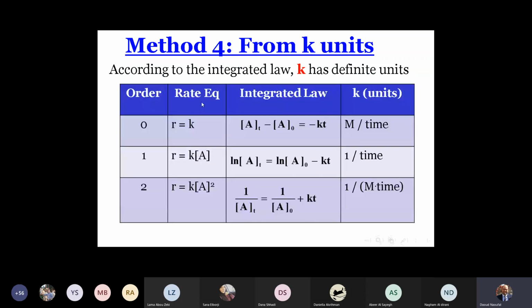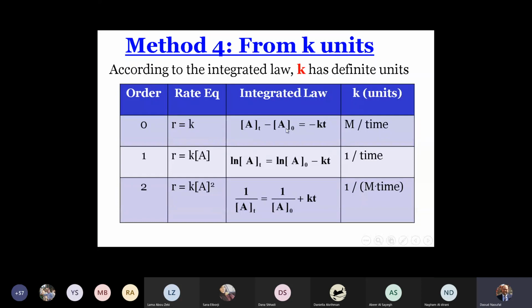For example, for the reaction of order 0, the rate law expression can be written as R equals k. And the integrated law is At minus A0 equals minus kt, so k is equal to the concentration divided by time.